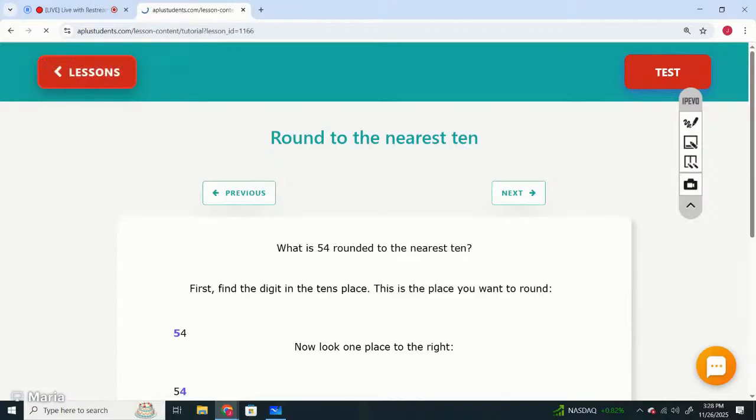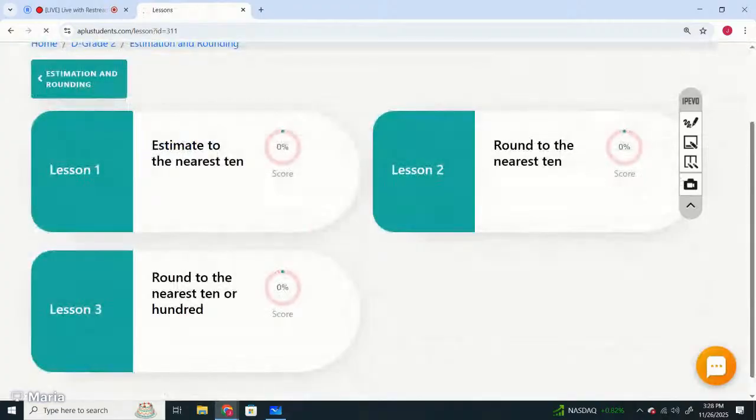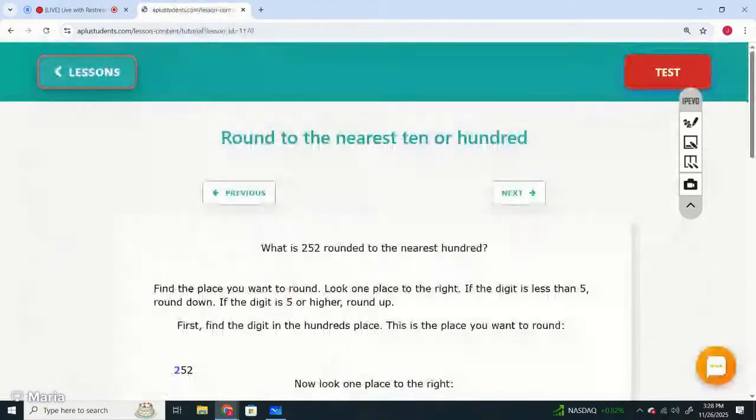The next lesson is round to the nearest 10 or 100.